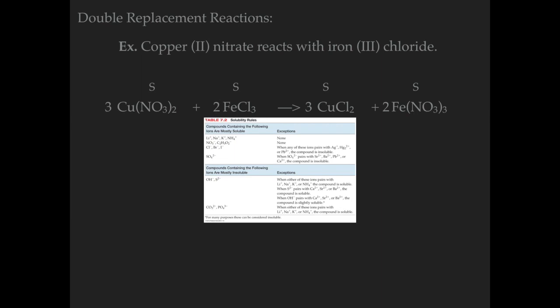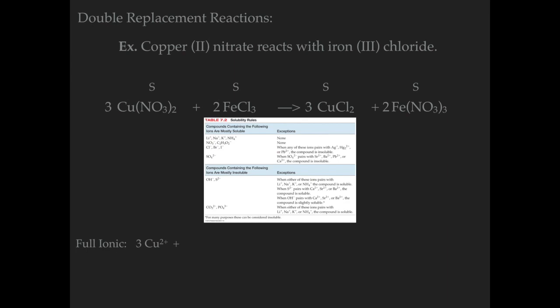So what I can do now is take this double replacement reaction and write the full ionic reaction. Anything that's soluble I break up. The first thing I'm going to break up is copper nitrate. Copper has a 2+ charge, so when I break it up into its ions, I'm going to have 3 copper 2+ ions. And that's going to react with 6 nitrate ions, because there's a 3 in front for the coefficient and then a 2 for the subscript.